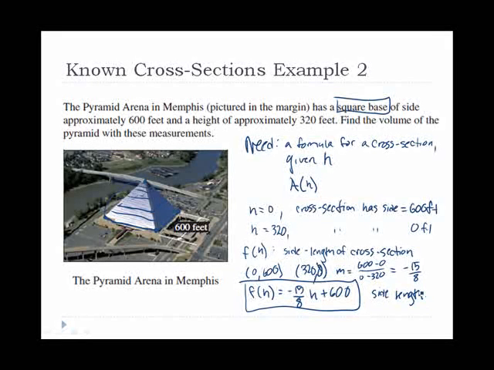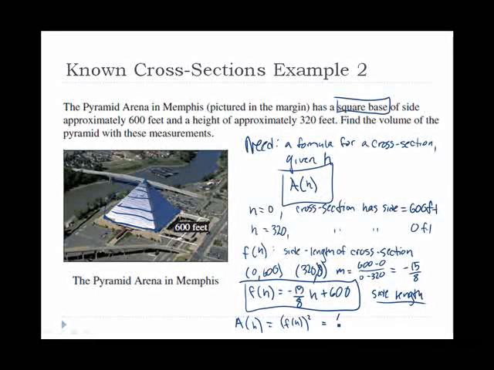Alright, so we're almost done here. We don't just want the side length though, we want the area of a cross section. And since we know these are squares, the area in terms of height, which is what we needed back up here, is going to be the length of a side squared, so f of h squared.